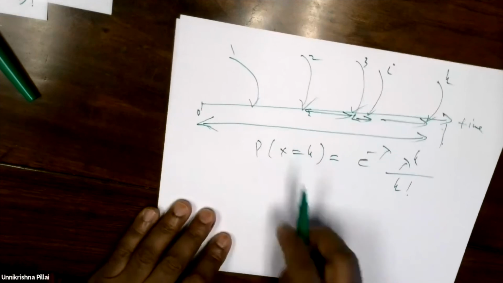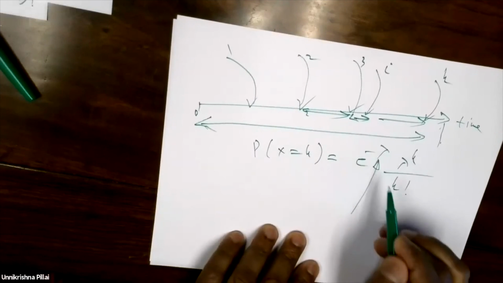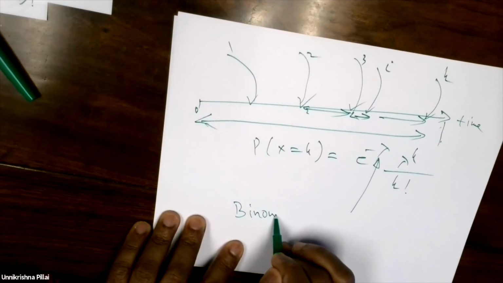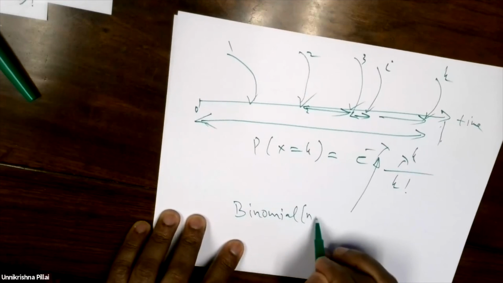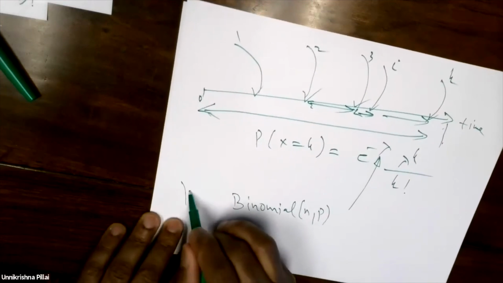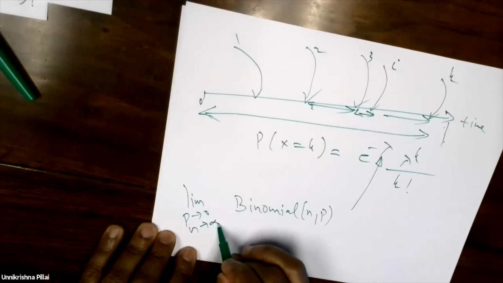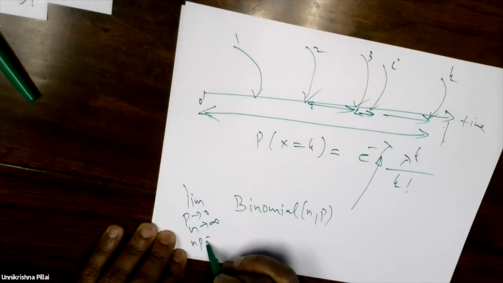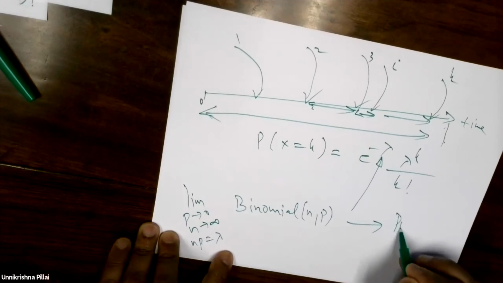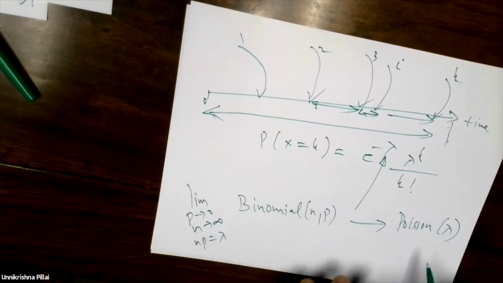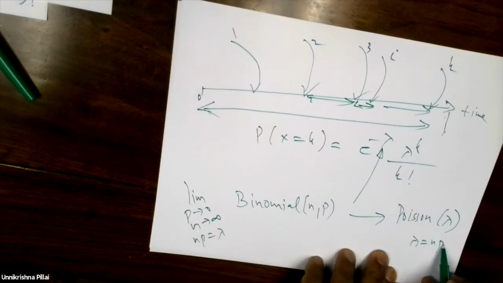Remember, Poisson has only one parameter. You saw the connection between binomial and Poisson, where p goes to small and n becomes large such that np is lambda, and it becomes Poisson. So you can see the connection with the parameter lambda. Lambda is np.